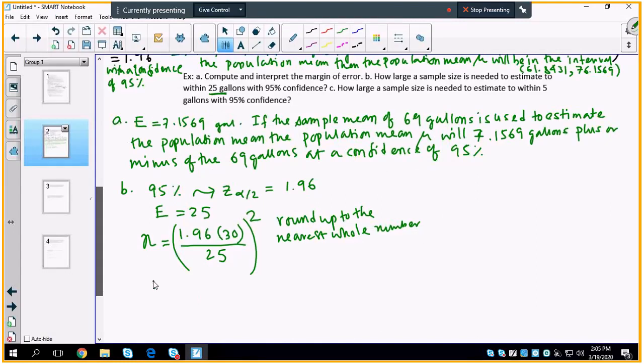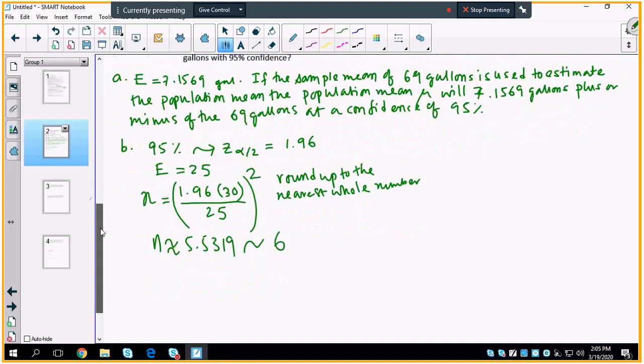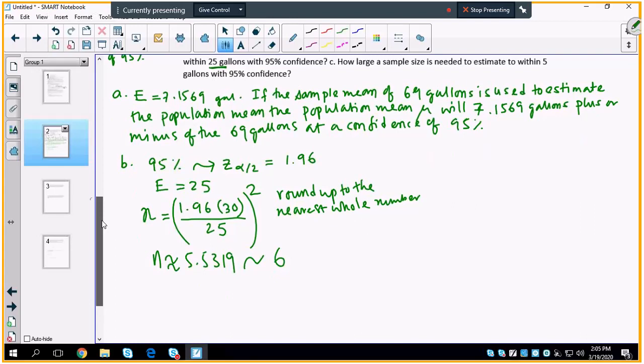So n is approximately equal to 5.5319. I will round it up to the nearest whole number, so that will be 6. So I will need a sample size of 6 people in order to make sure the margin of error is within 25 gallons.